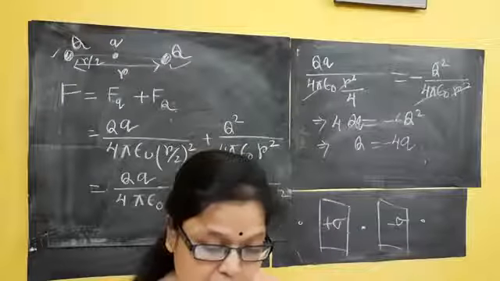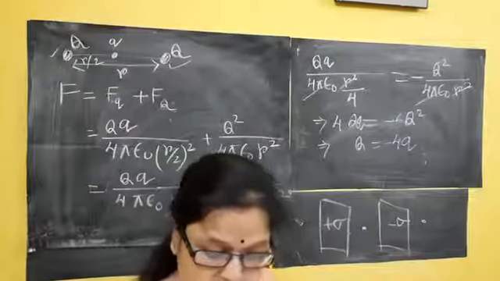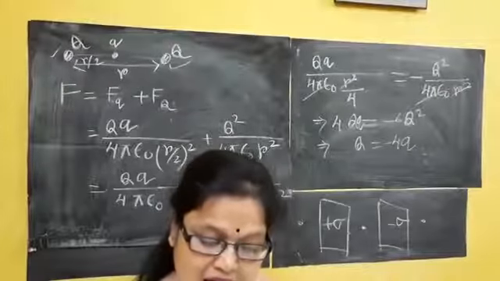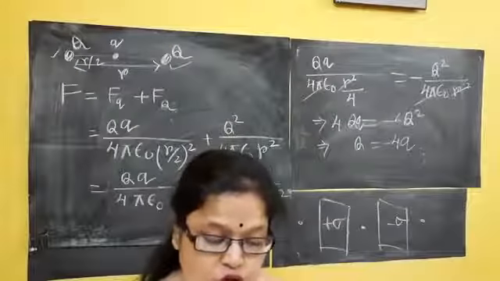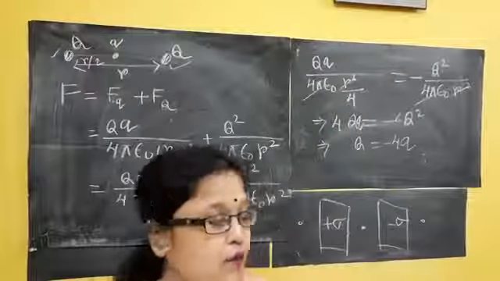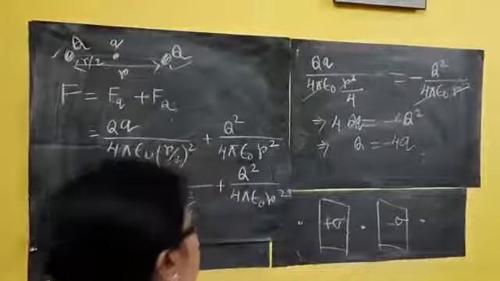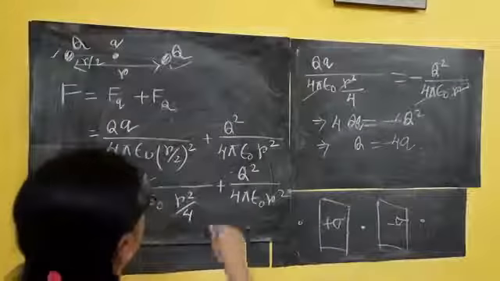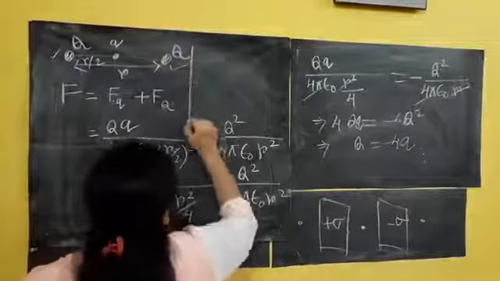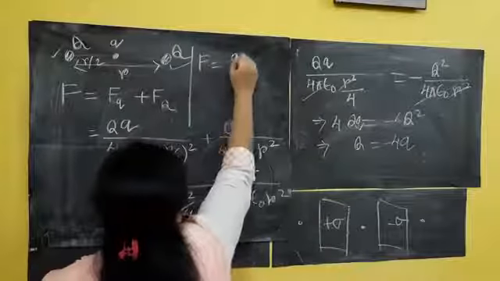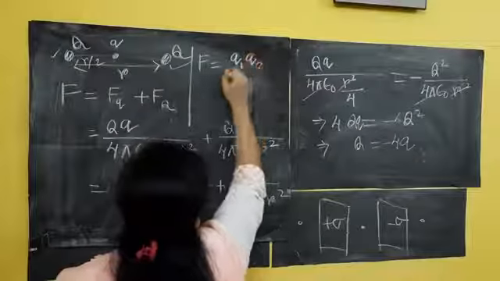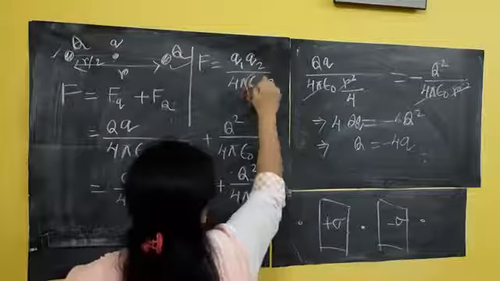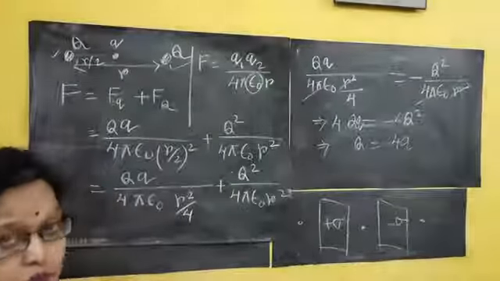Next one: how does force between two charges change if a dielectric is placed between the two instead of air? Coulomb force is F equal to Q1 Q2 by 4 pi epsilon 0 r square. Epsilon 0 is the free space permittivity.